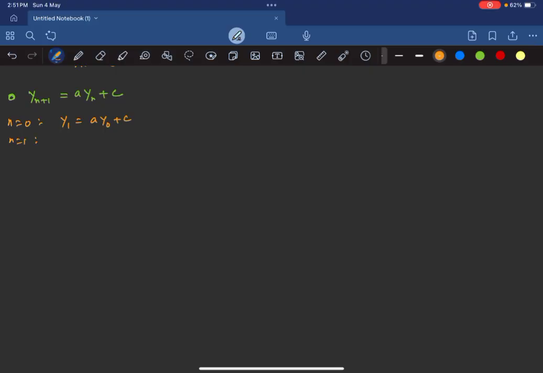For n equals 1, y_2 = a y_1 + c. Now a y_1 means a(a y_0 + c), that is a^2 y_0 + ac, plus obviously there is one more c. Similarly y_3 should be a^3 y_0 + a^2 c + ac + c.